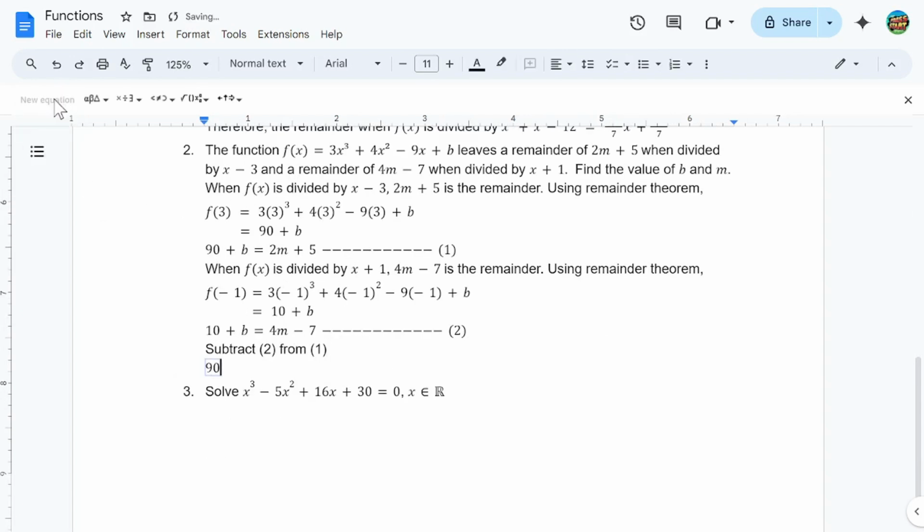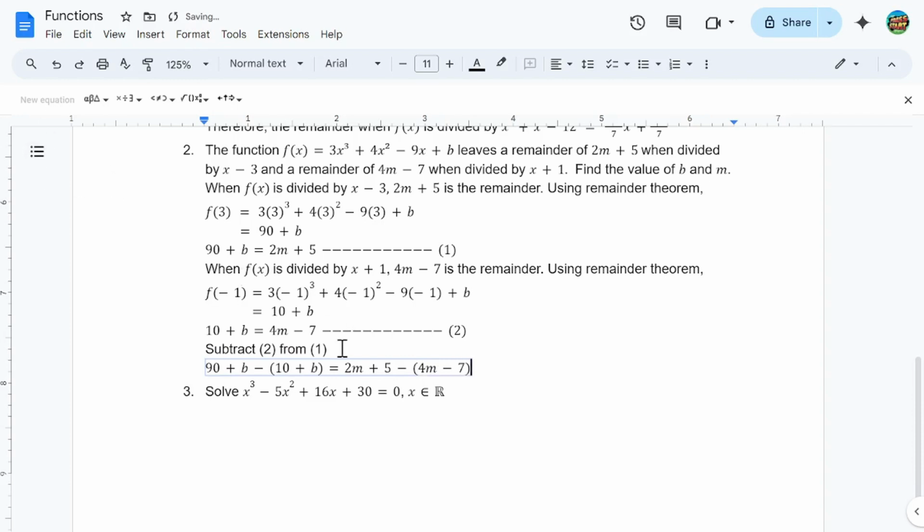So we got 90 plus b minus 10 plus b equals 2m plus 5 minus 4m minus 7.